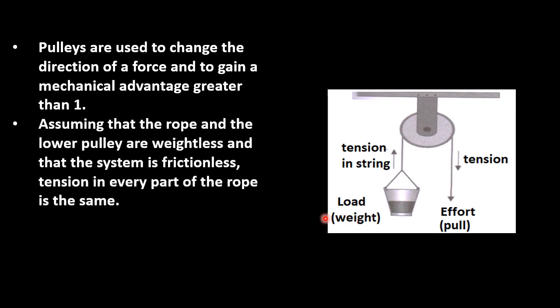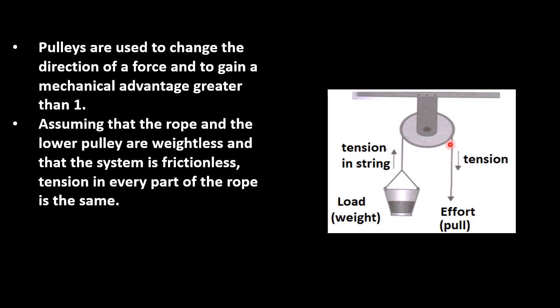So if we assume that the rope and the lower pulley are weightless, where we have two pulleys or more assembled together in a system, and that the system is frictionless, there's no friction between the string and the wheel there, then tension in every part of the rope is the same.